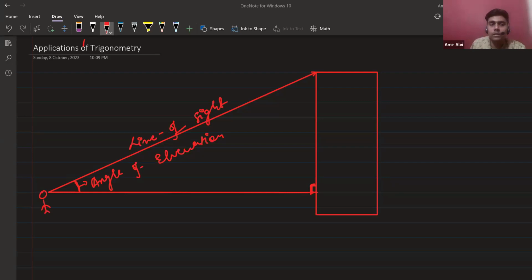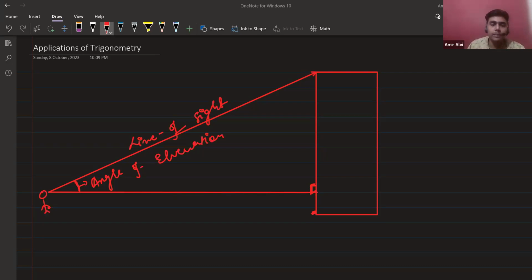Yes or no? So that's why we can apply trigonometry in real life applications of measuring heights, or measuring the distance between the foot of yours and the foot of the building, mountain, or anything. So that's what we are going to study in this chapter. Clear, everybody? Any doubt?